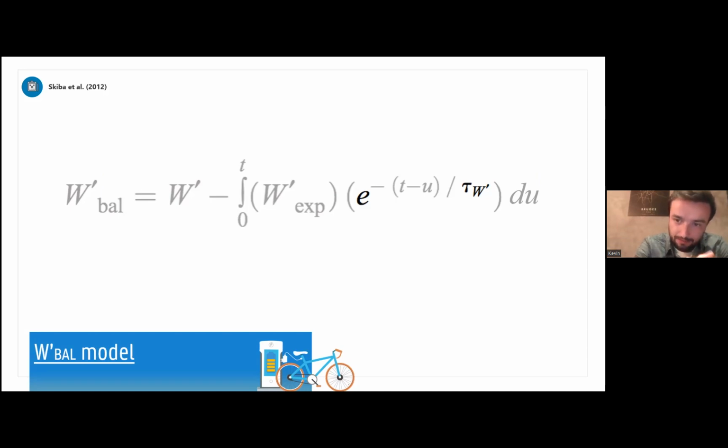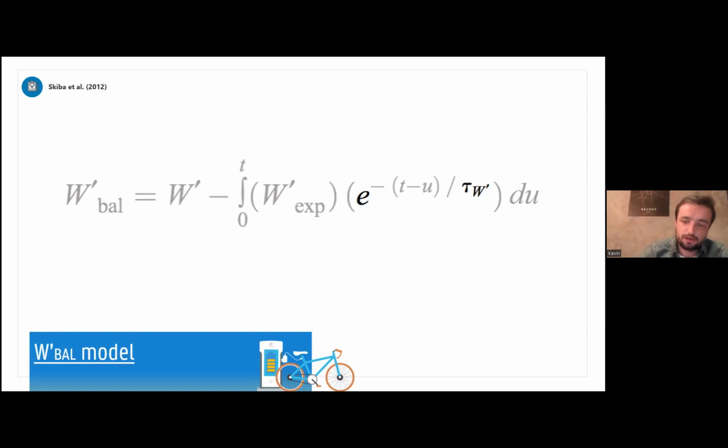And as you can see, of that part of W prime that is expended, some part can be recovered. And the most important thing in this formula is that it's assumed that the recovery happens in an exponential way. So you can see the e over there. So it's not like Morton and Bilal suggested, that recovery of W prime is linear. No, here the authors said, based on the observations of Ferguson, W prime recovers in an exponential way.